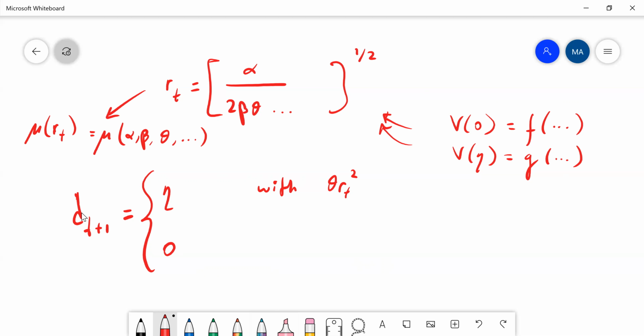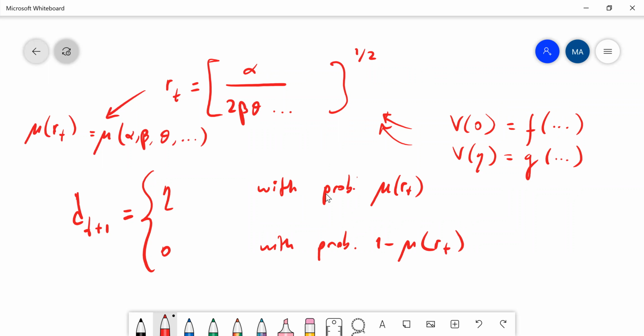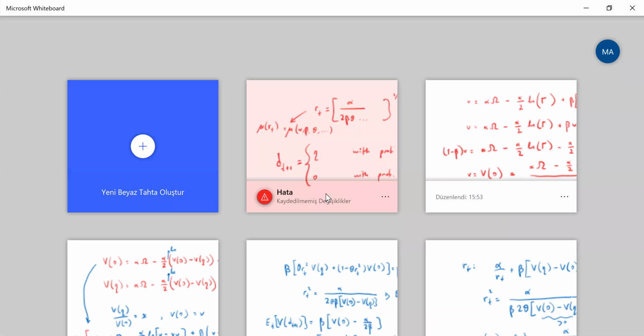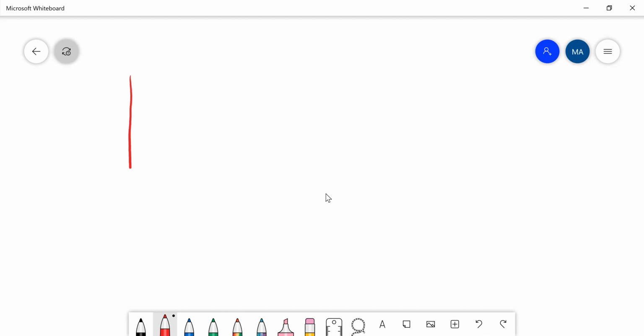So then it is equal to 0. So this is with probability, and this is equal to, so let me be more formal. So this is equal to eta with probability mu RT and equal to 0 with probability 1 minus mu RT. So if you look at this from the viewpoint of a time series, for instance, you're going to see something like that.